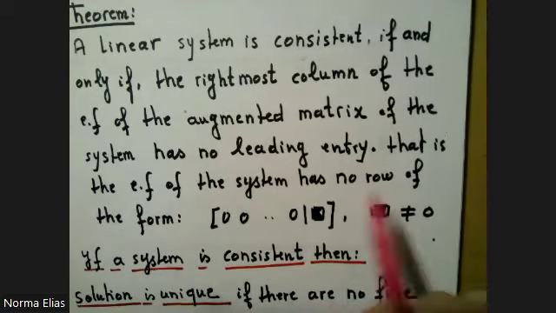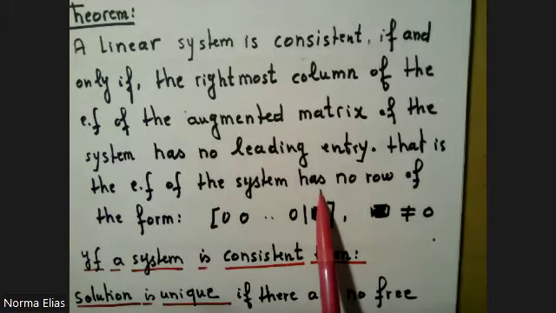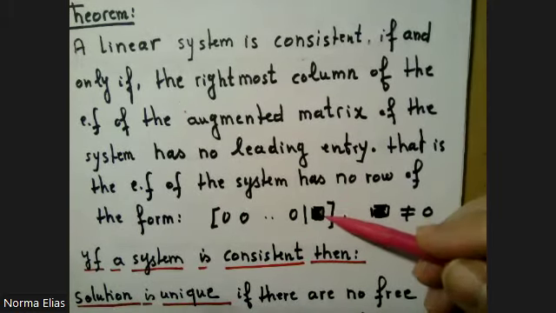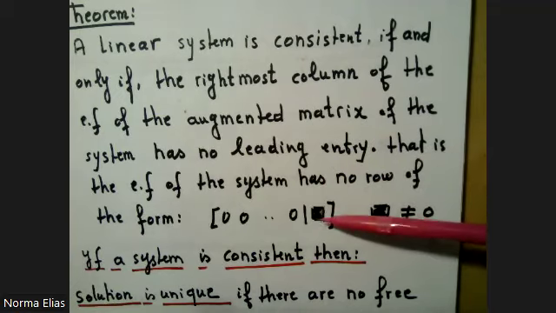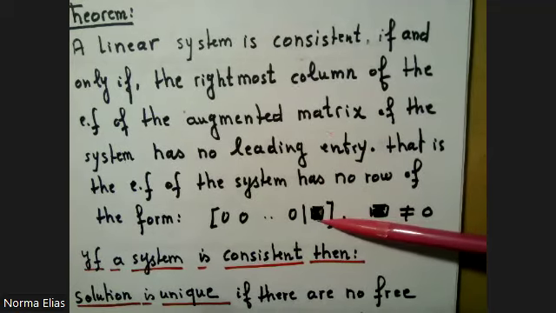That is, the echelon form of the system has no row of this form. I mean, there is no leading entry in the augmented column. So a system is consistent if the echelon form has no leading entry in the augmented column.